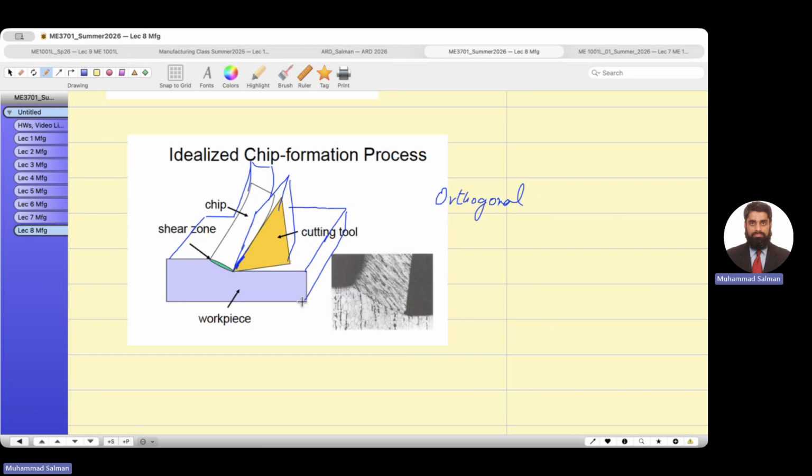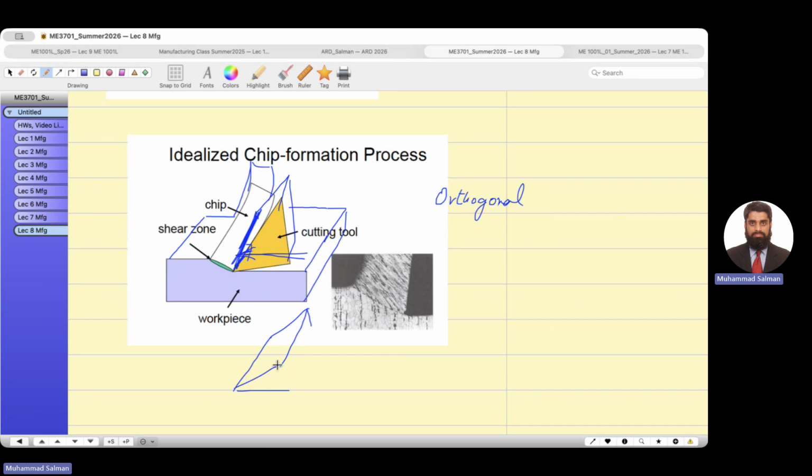Now look, this edge is perpendicular to the speed or the direction of the tool, and the cutting edge, they are perpendicular. The cutting edge of this tool is this one. Try to understand.